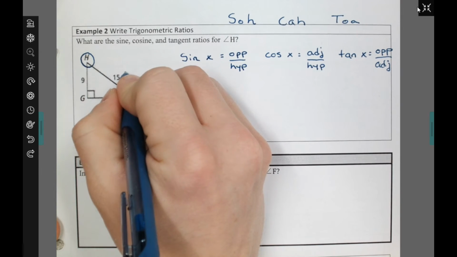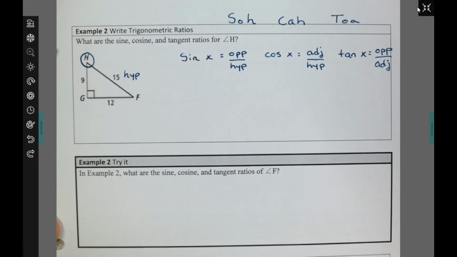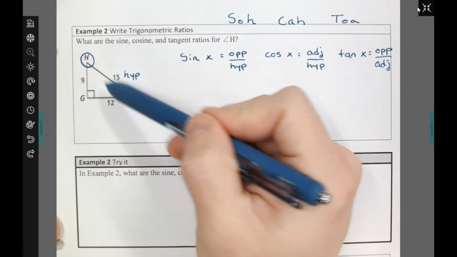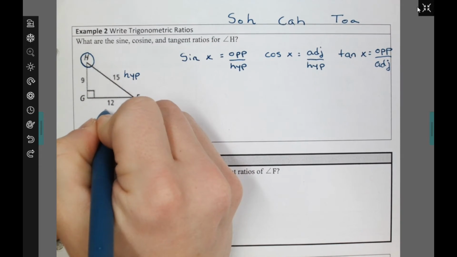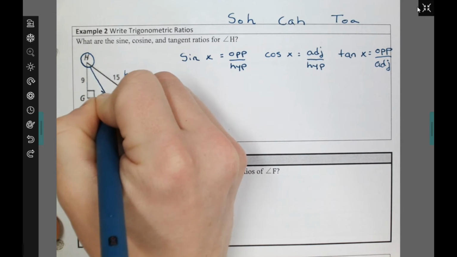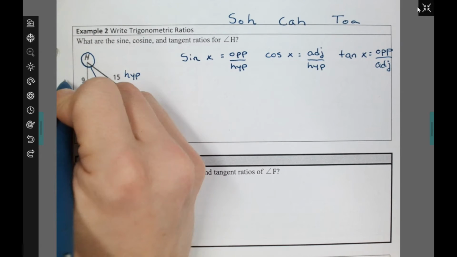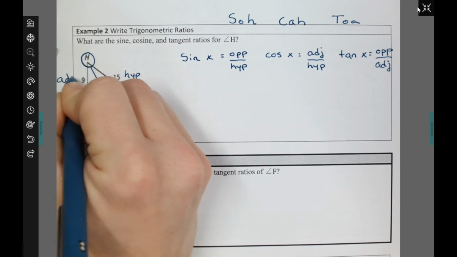Obviously 15 is my hypotenuse. The hypotenuse will not change because it's across from the 90. My opposite and adjacents will change though. Opposite of H, go straight across, 12 would be the opposite. And my last side left over, the one touching it, is the adjacent.